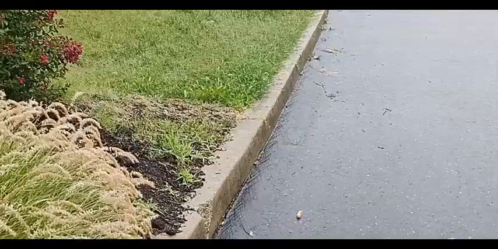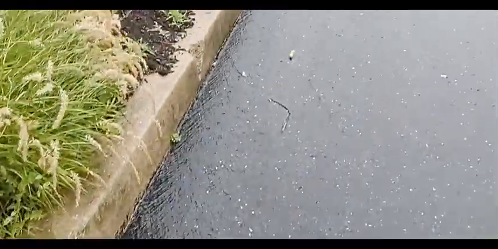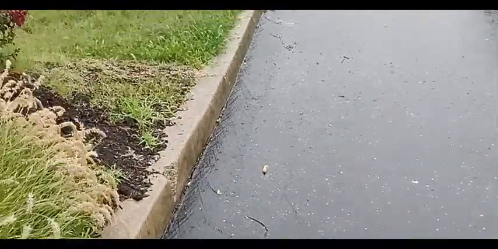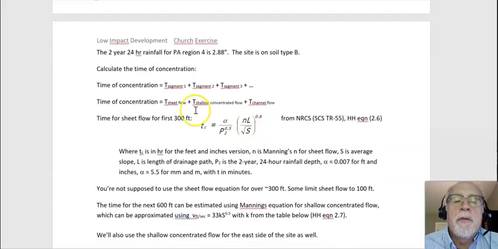So when I do the calculation for what's coming off the back part of my property up there, I need to make some guesses on how fast it's going during the different sections getting there. The runoff transitions from the sheet flow, as you can see in a parking lot, it'll be just kind of a sheet of it, but after a little bit it'll start to break itself up into little rivulets, and that's shallow concentrated flow.